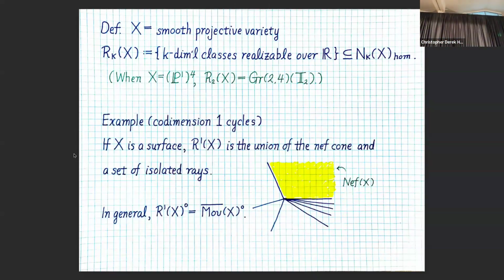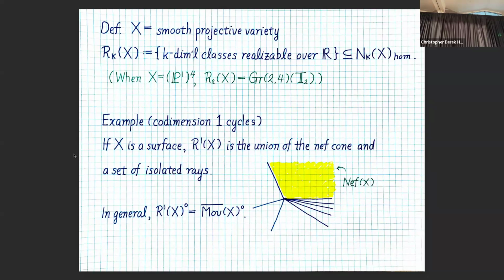And again, in the case of codimension 1 cycles, the answer is reasonably simple, yet not entirely. So for example, consider a case when X is a surface. The question here is which classes are the classes of irreducible curves? And we kind of know the answer. R_1(X) is the union of the nef cone and a set of isolated rays.